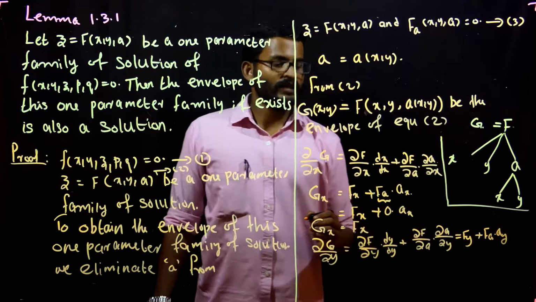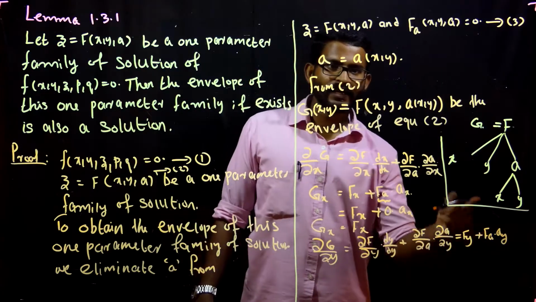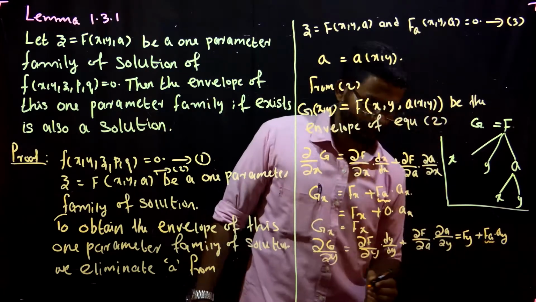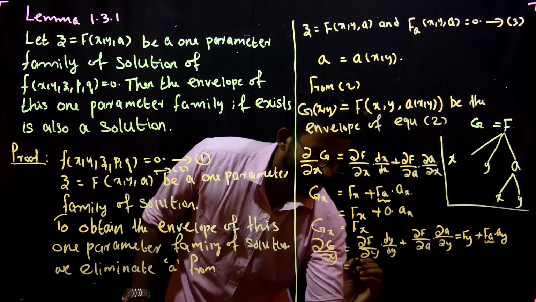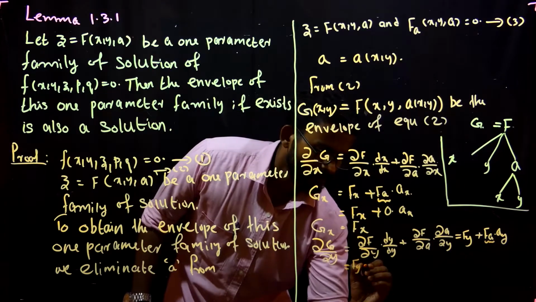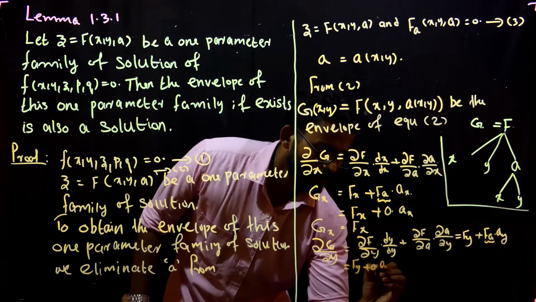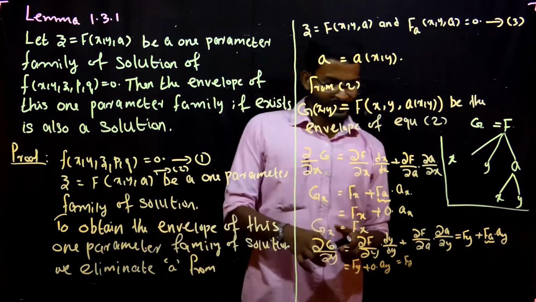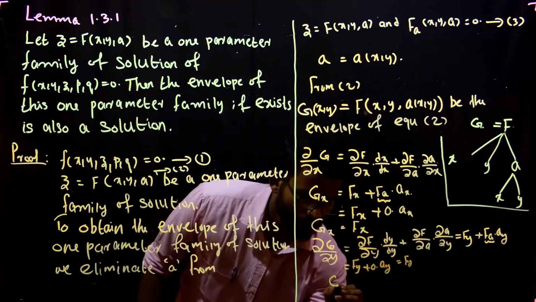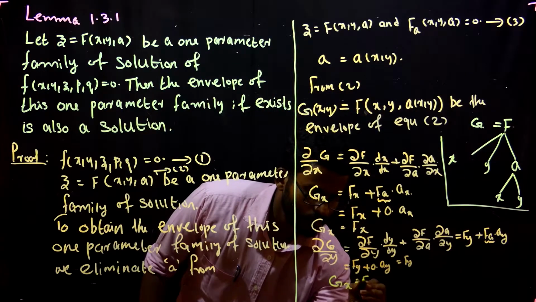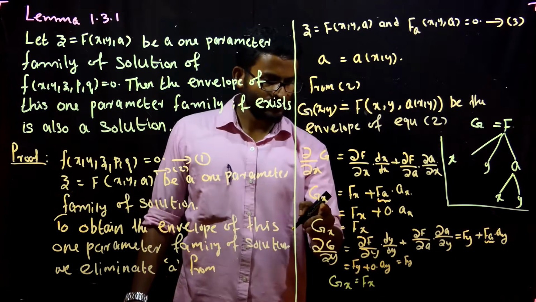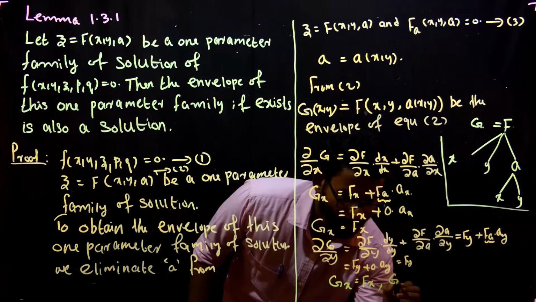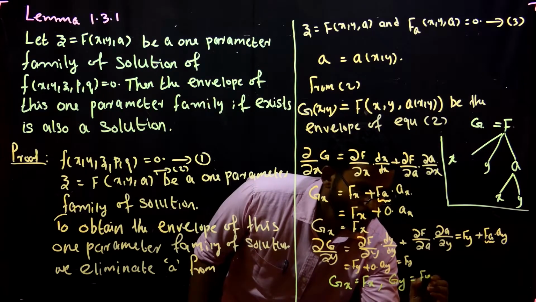Since this is an envelope, fa should be 0, so it will be fy plus 0 into ay, equal to fy. That is, we get gx is equal to fx, and gy is equal to fy.